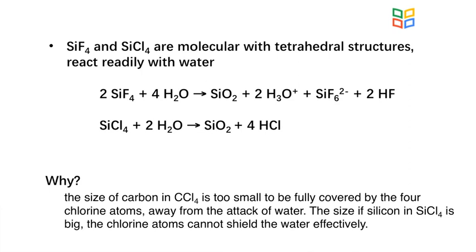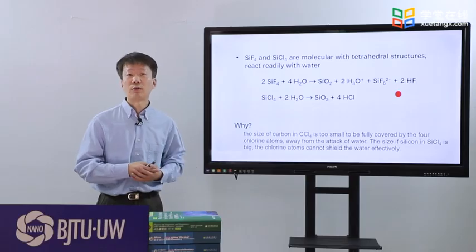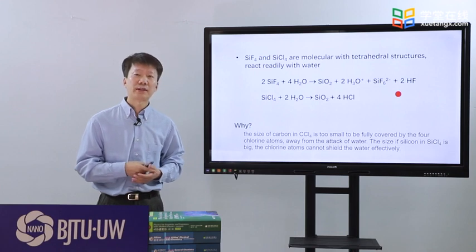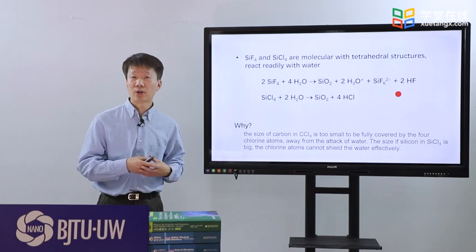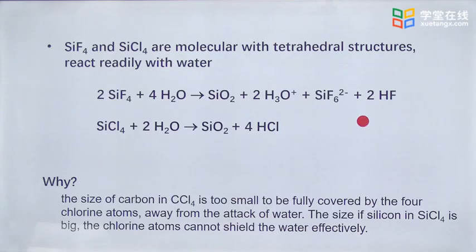It's believed that the size of the carbon in carbon tetrachloride is too small to be attacked, as it is fully covered by the 4 chlorine atoms, away from the attack of water. The size of silicon in silicon tetrachloride is big, so the chlorine atoms cannot shield it from water effectively.